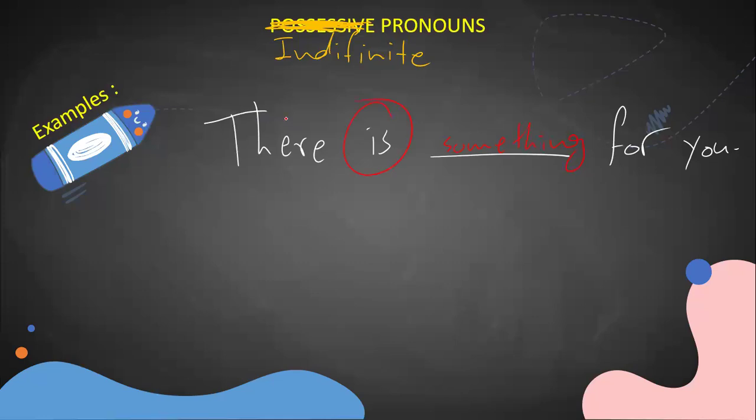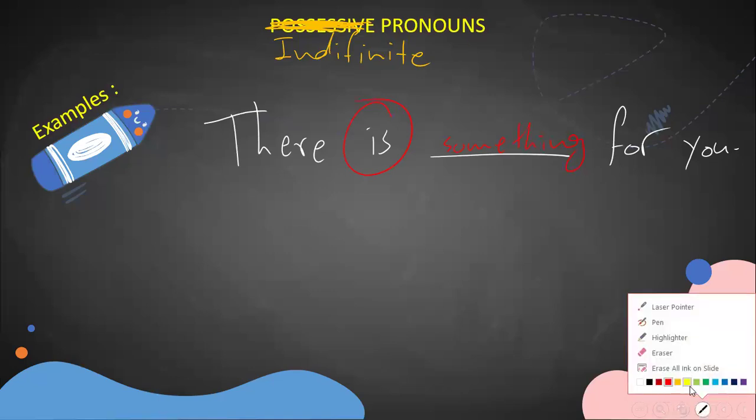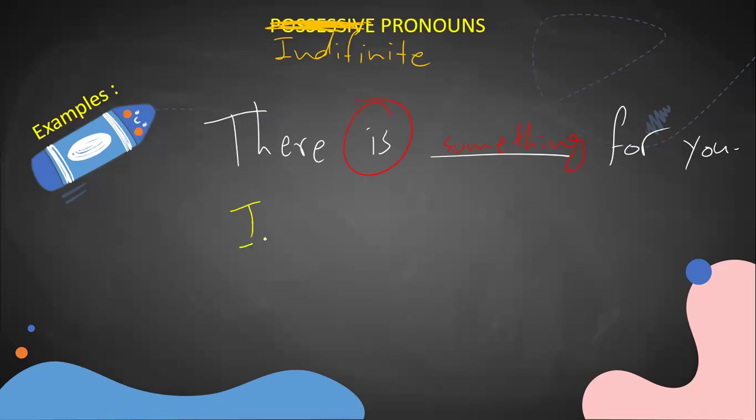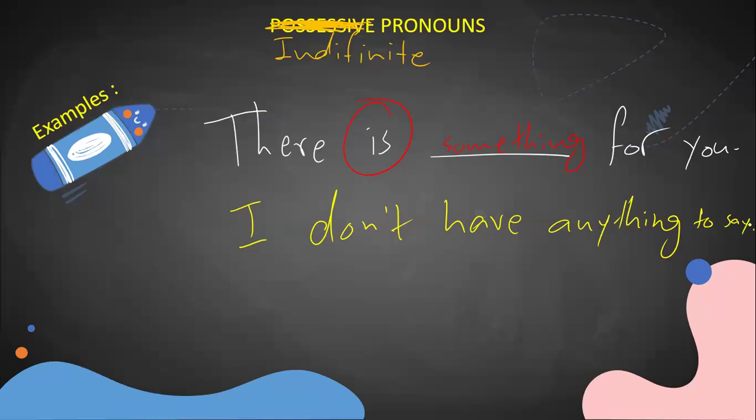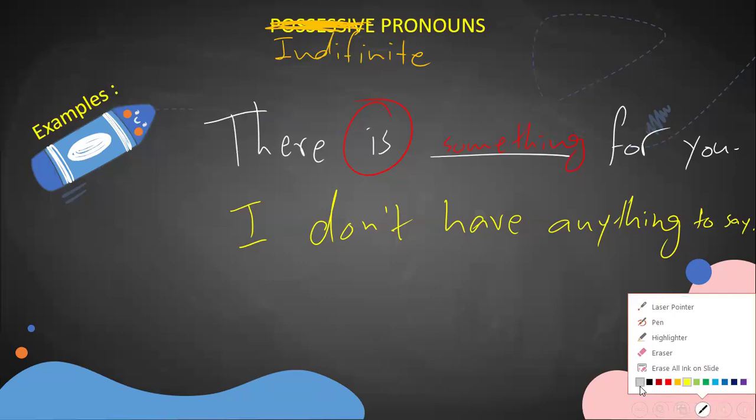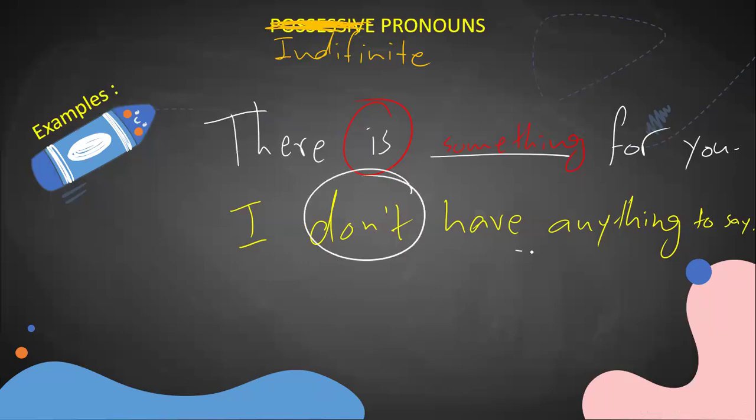But if I don't want to tell him anything, what do I have to say? I don't have anything to say. Don't here is a negative word and the meaning is negative.